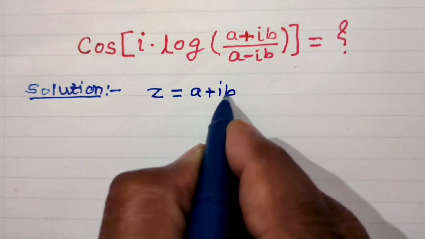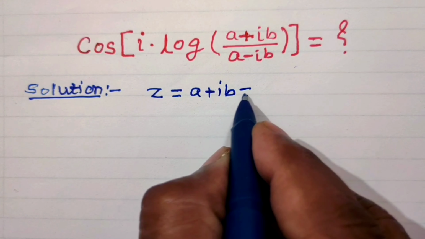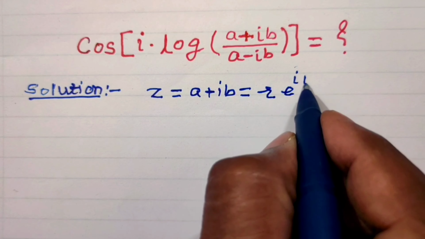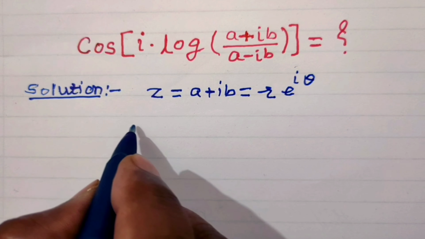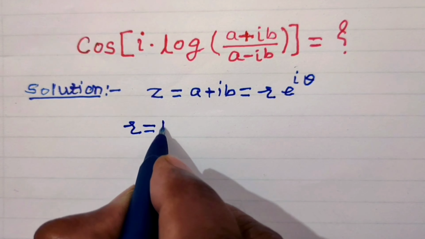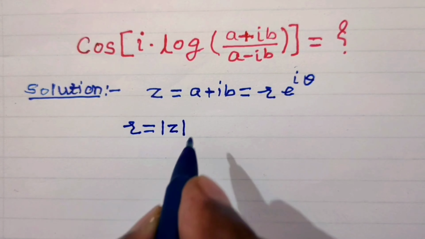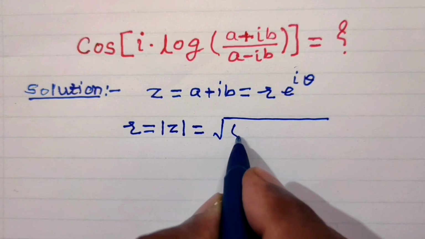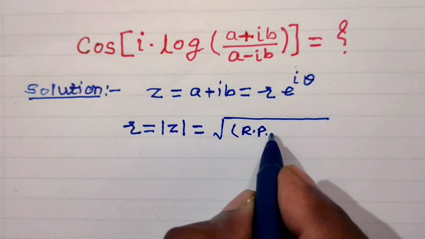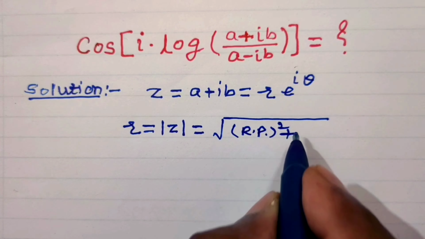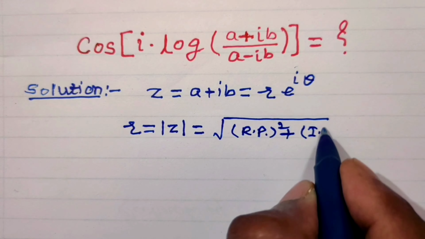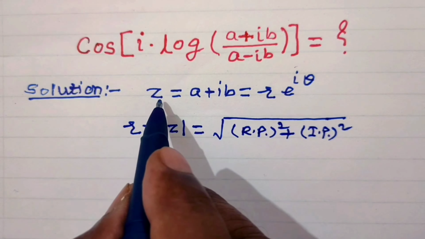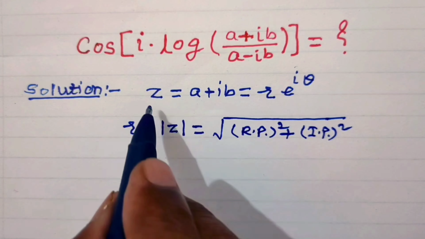This is a complex number and we want its exponential form r times e to the power i theta, where r is equal to the modulus value of complex number z, which is given by the square root of real part square plus imaginary part square. Here a is the real part and b is the imaginary part.